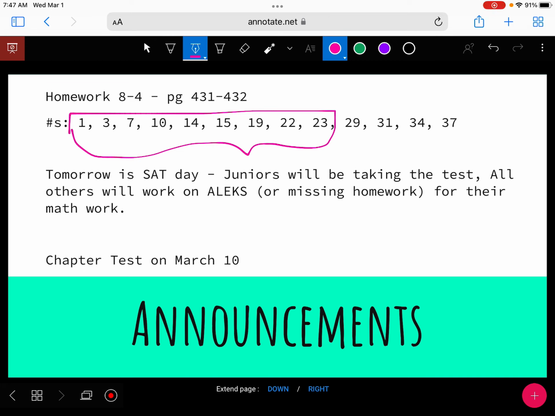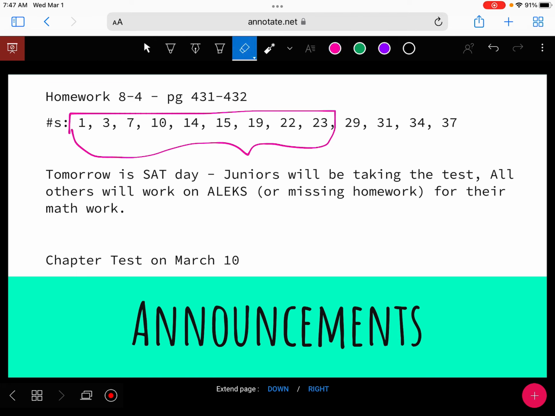The last 4 are things we have done. You can also do 34 and 37. 29 and 31 you might be able to figure out. Maybe. Actually, no. We're not going to do 34, 37. Let's wait till Friday to do those two.